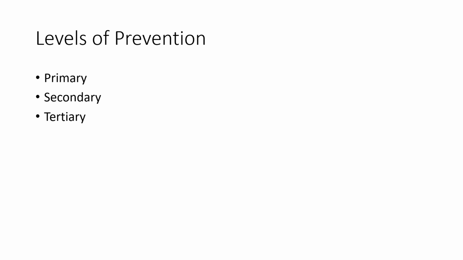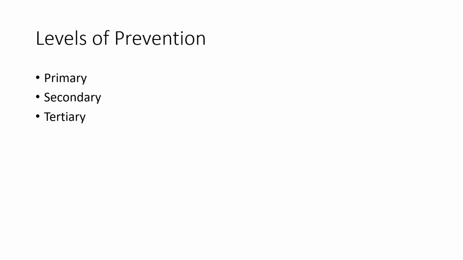You have to know the difference of primary, secondary, and tertiary. Primary is for prevention, examples of which would be vaccinations, health education.